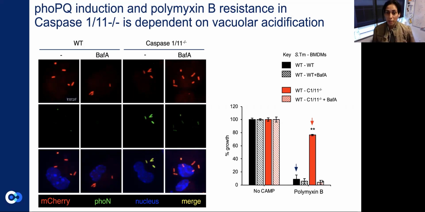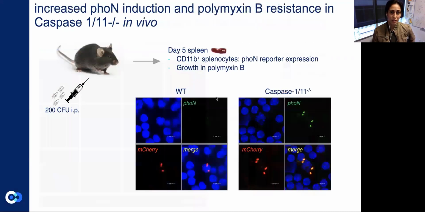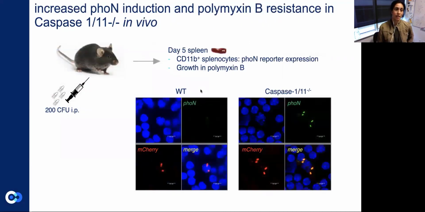And so basically, in relatively preliminary data, we've gone ahead and tested in vivo whether this phenotype actually recapitulates. Here what we did is we infected mice intraperitoneally with 200 CFU Salmonella, and at day 5 we isolate the spleens and look at the adherent CD11b positive splenocytes.